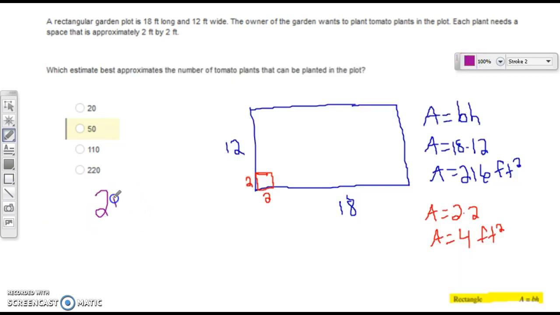So we're going to take our total area and divide it by how much each plant needs to see how many we can fit. And when I divide, I get 54. Now again, it just wants the best approximate answer or the best estimate, so we can fit about 50 tomato plants in there.